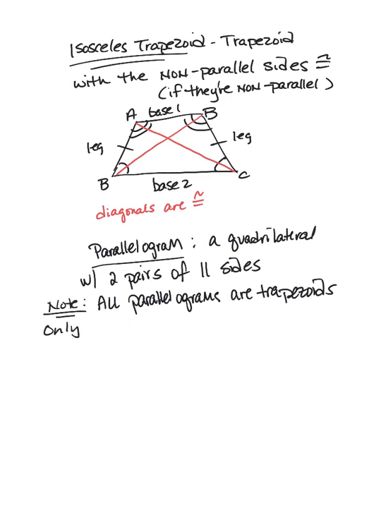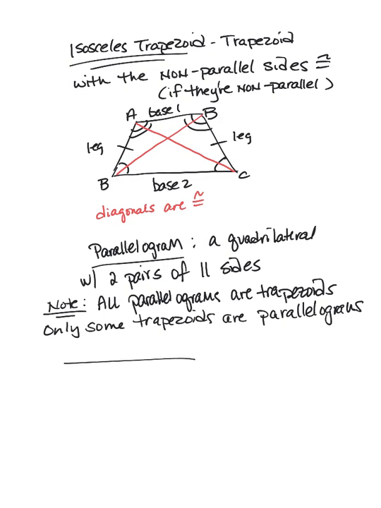Only some trapezoids are parallelograms. All right, so just keep that in mind. It's rare that it comes up, but it could confuse you. Okay, so for a parallelogram, you're just going to have two pairs of parallel sides. Okay, so that's what it's going to look like.